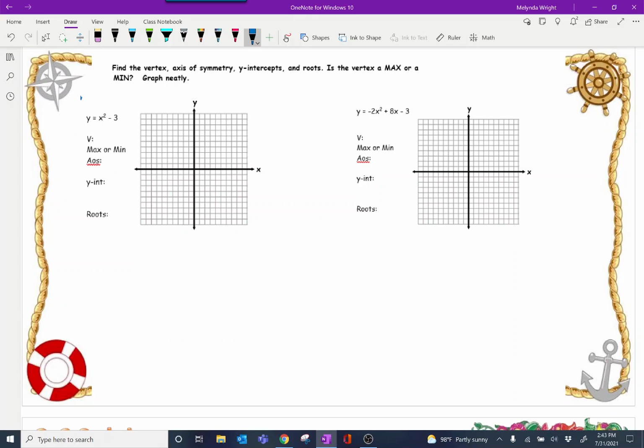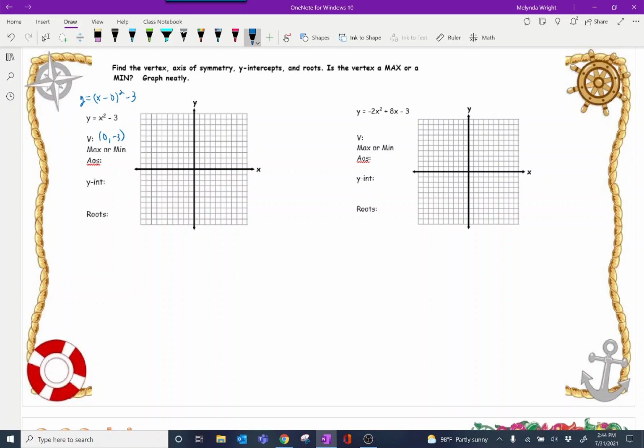Notice, so y equals, basically h is 0 here. I just rewrote it so it would be more clear. The vertex is 0, -3, which I just got by reading it out of the formula.